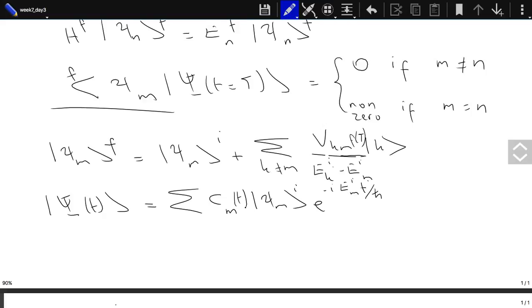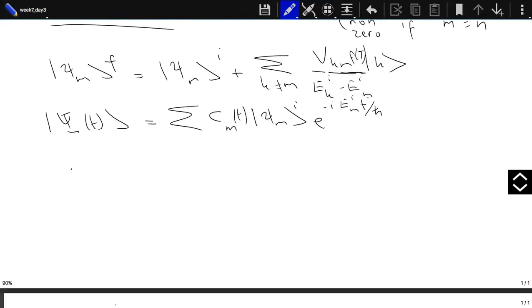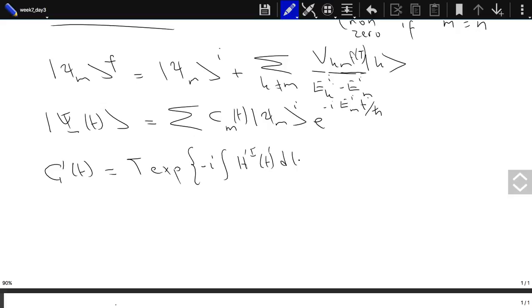And so we can solve for c_m of t, and if you remember our solution for c_m of t, we had defined this matrix of c's. c at the time t was equal to the time-ordered exponential of minus i over h bar, integral of H prime I at t prime dt prime from 0 to t, this matrix acting on c at 0.